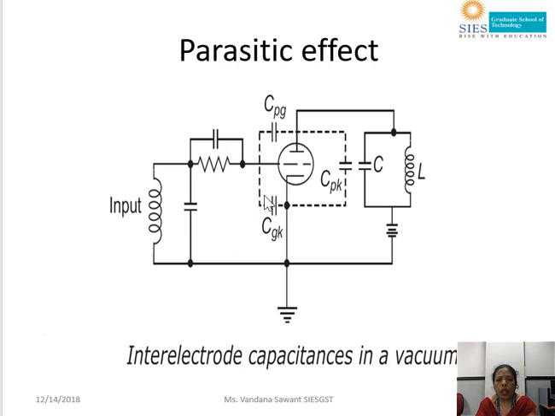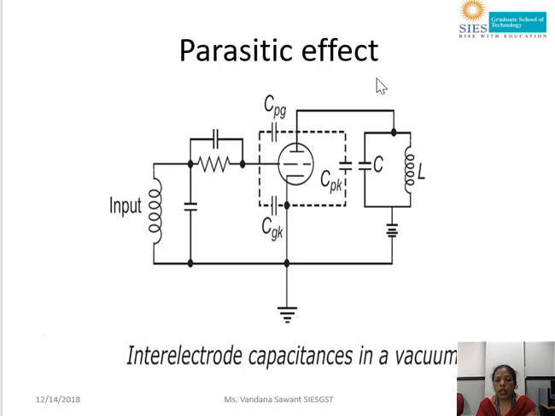So for any type of tube, conventional tube, if we are going to use it, then these two effects are very limiting and create very high limitations on the operation of a tube. Then what to do? Then the scientists thought that we can't change the structure of a tube, but we can use these limitations in such a way that they will turn into advantages at the highest frequencies.